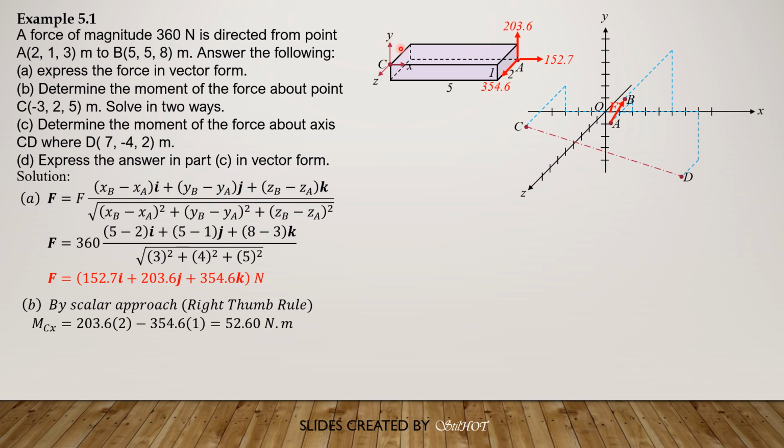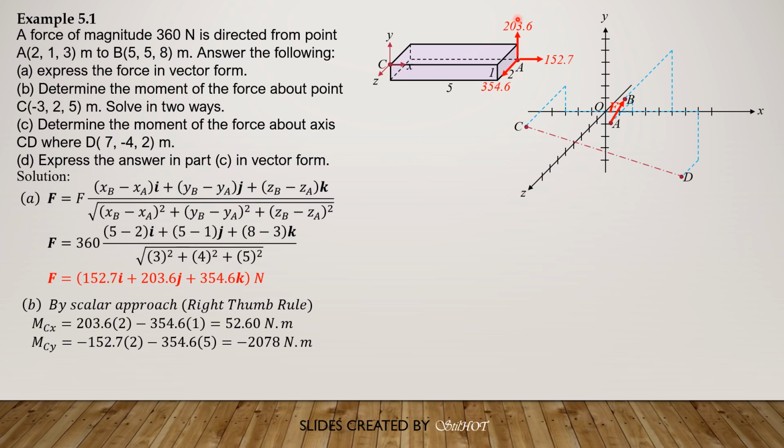Moment about Cy, position your right thumb towards the positive y-axis. This is the positive moment. So it's negative 152.7 times 2 minus 354.6 times 5. So negative 2078. Then moment about Cz, this is the positive sense, like that.